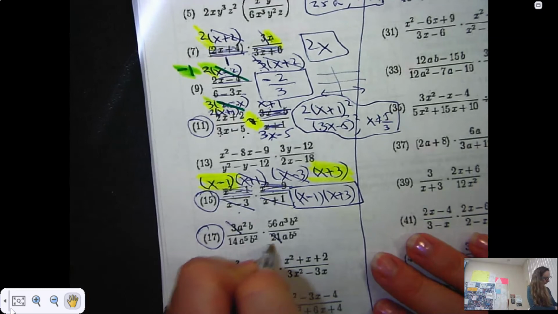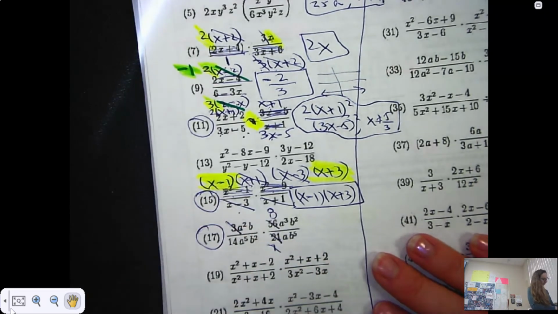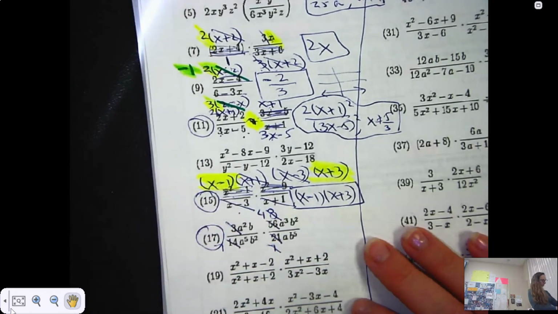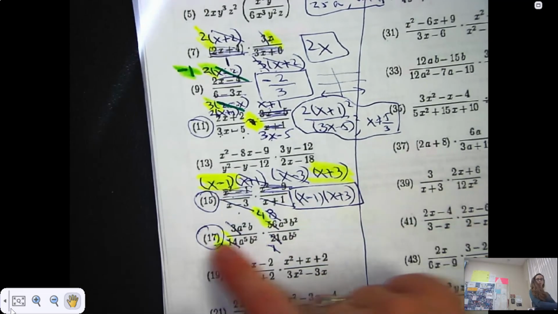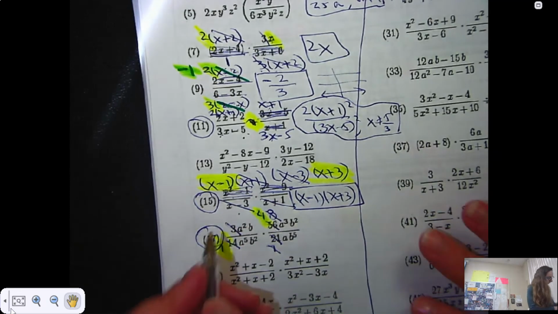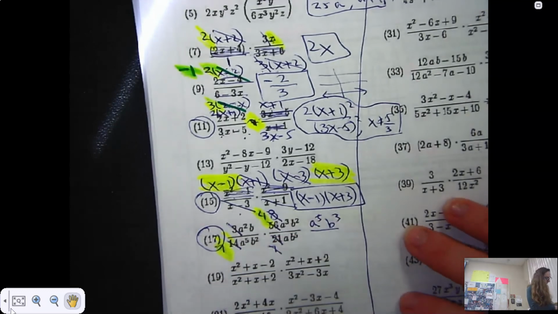3 goes into 21, 7. 7 goes into 56, 8 times. 8 and 14 divide by 2. Now I'm left with this. Now remember what I like to do. I like to work my way across. You can go vertically, you can go diagonally, whatever you want. But in terms of organization, it does not work for me to do it that way.